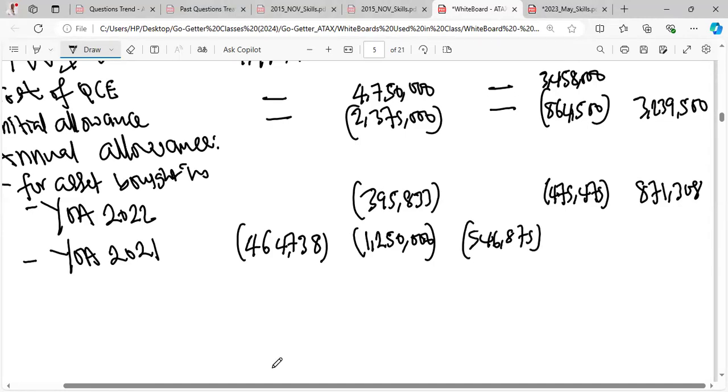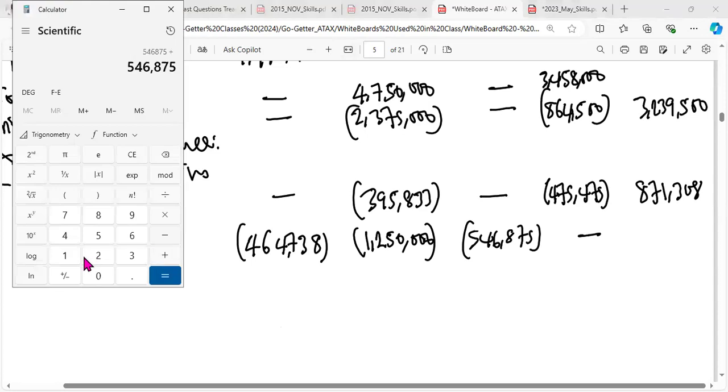We now add everything down here. Just to be clear, I will put dash here, dash here, and dash here. I'll just put my 1,250,000 plus 464,738.